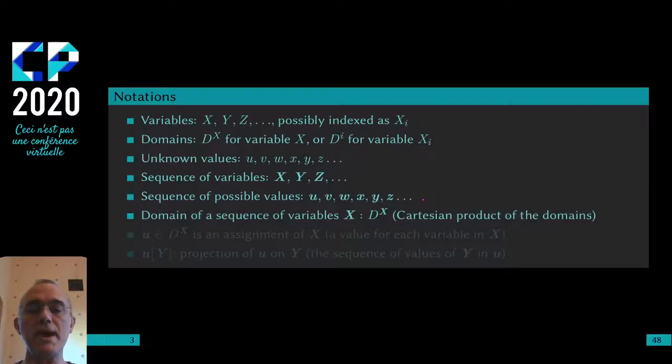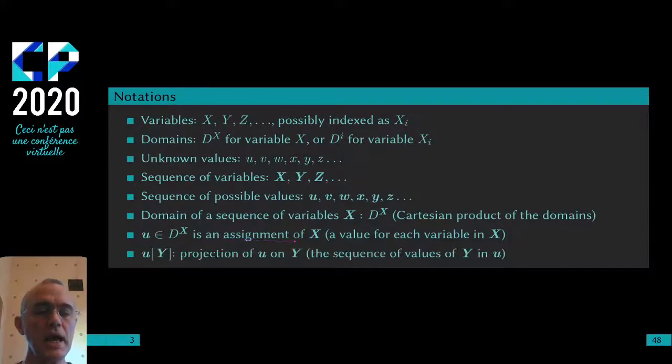And the domain of a sequence of variables is just the Cartesian product of the domains of the variables in the sequence. So the elements of these sets are tuples, which define an assignment of the variables in the sequence X. And this tuple can be projected to a subset Y, and this is the notation.